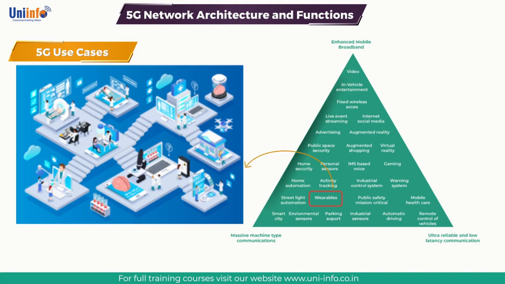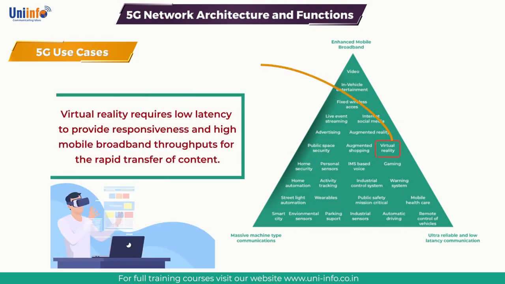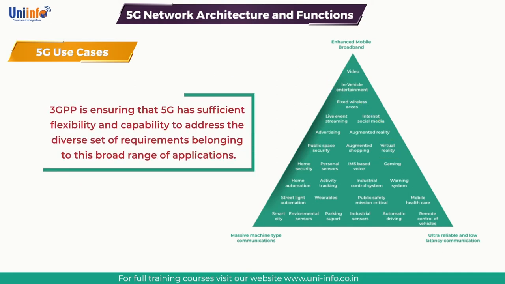Many applications require components from multiple use case categories. For example, virtual reality requires low latency to provide responsiveness and high mobile broadband throughput for the rapid transfer of content. 3GPP is ensuring that 5G has sufficient flexibility and capability to address the diverse set of requirements belonging to this broad range of applications.